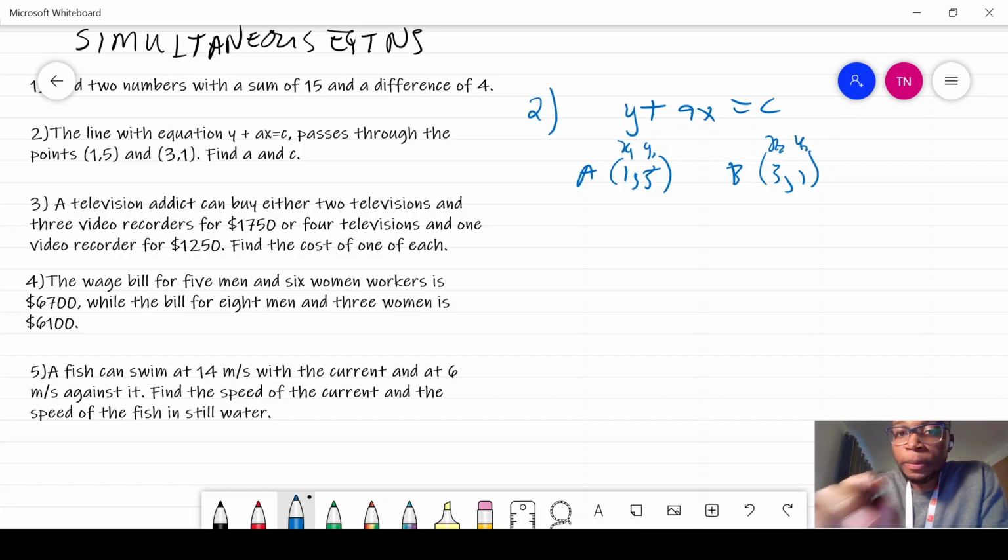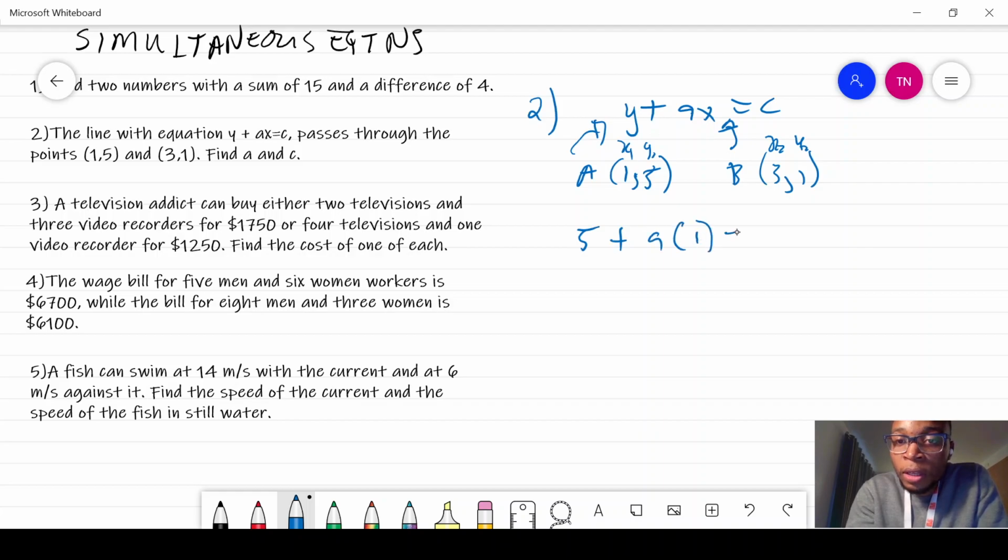Now we're going to substitute point A into that equation, then point B, and form two equations that we solve simultaneously. When you substitute point A, y is 5, so 5 plus a times 1 is equal to c. That is 5 plus a is equal to c. So this becomes equation number 1.